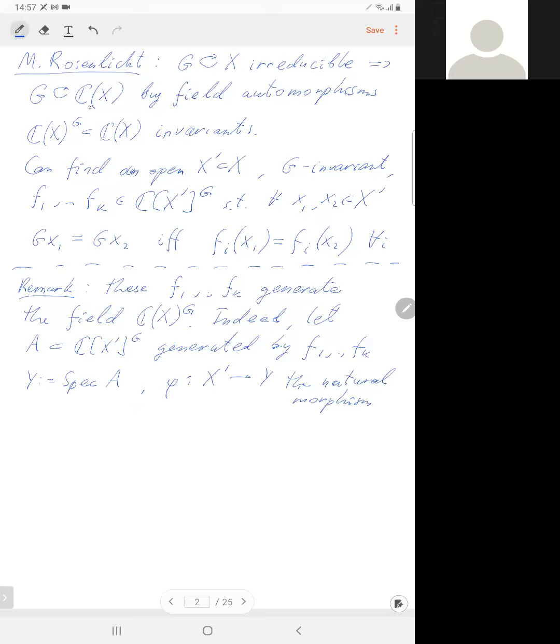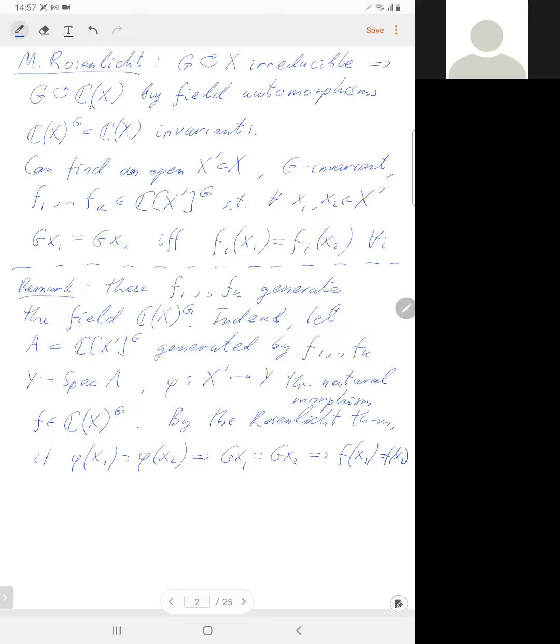So now let's take any rational function f invariant under G. Then by the theorem of Rosenlicht, if phi of x1 equals phi of x2, then the orbits coincide, and then it follows that f of x1 equals f of x2.